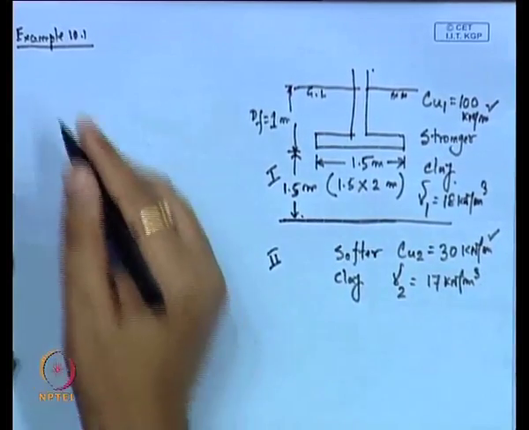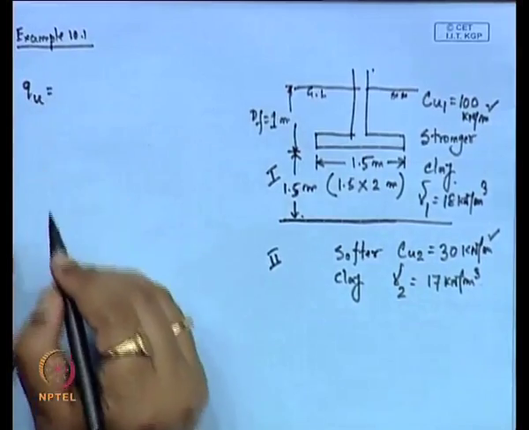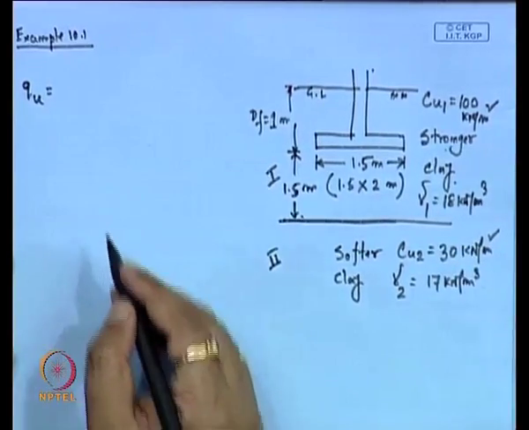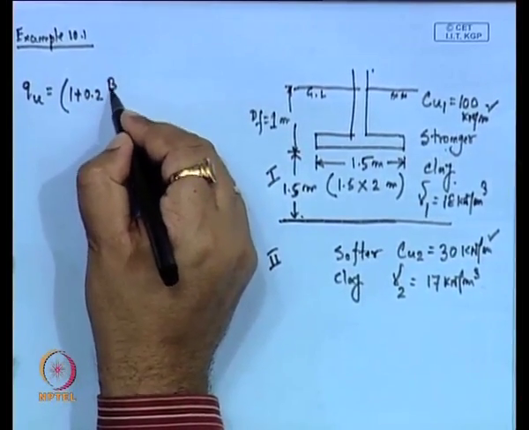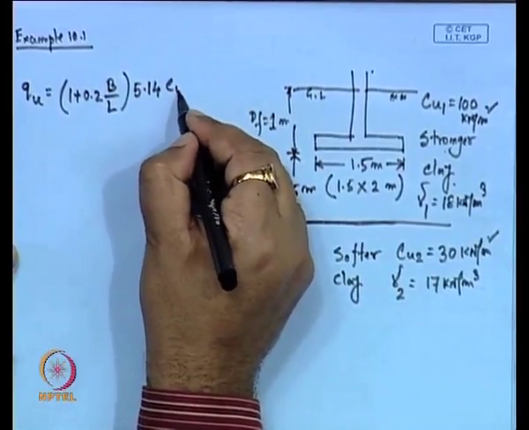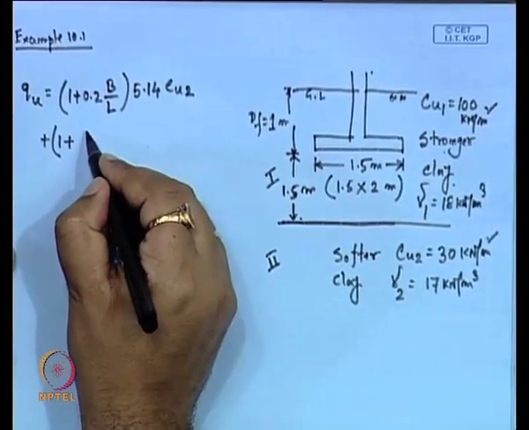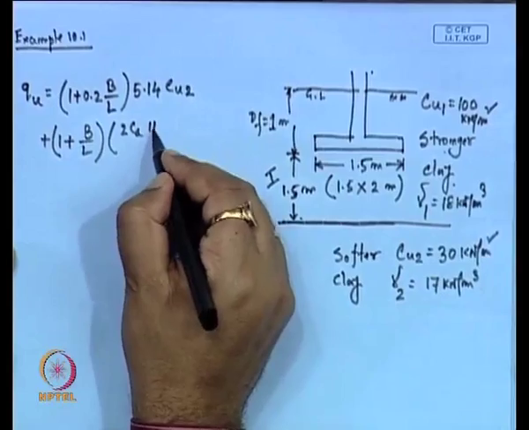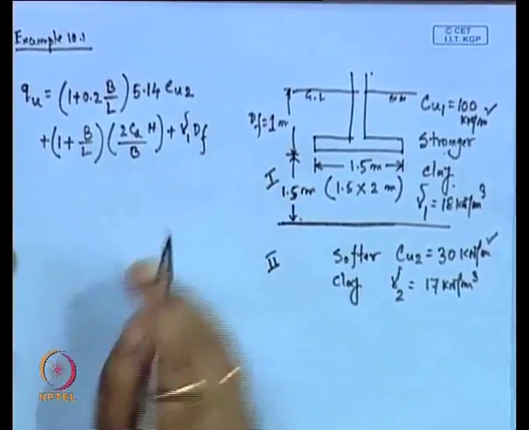Now, as I have already derived the expression for the ultimate bearing capacity for this type, where there is a stronger clay and softer clay, when both the layers are clay, the ultimate bearing capacity considering the size effect will be qu = 1.2 (B/L) × 5.14 Cu2 + (1 + B/L) × 2 Ca H/B + gamma 1 Df.